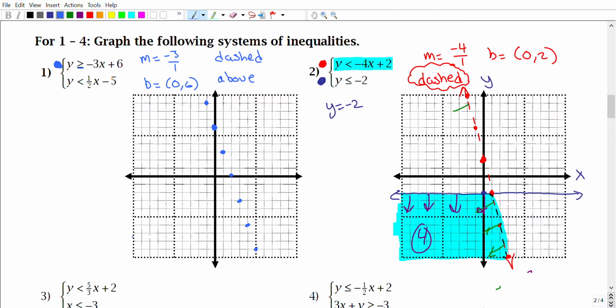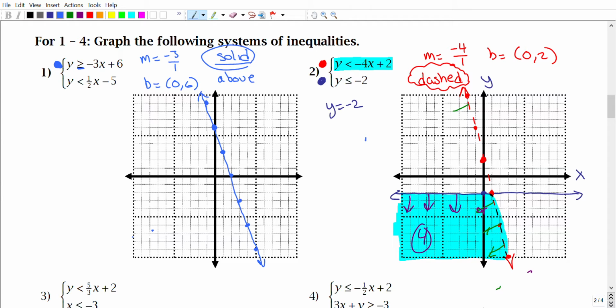Let me repeat that. For some reason I messed that up. Good thing I caught myself. Because it does have this little line underneath, guys, this is going to be a solid line, because it has the equal to. So we have a solid line, and now we know we have to shade above.